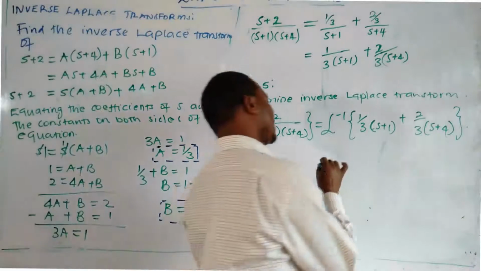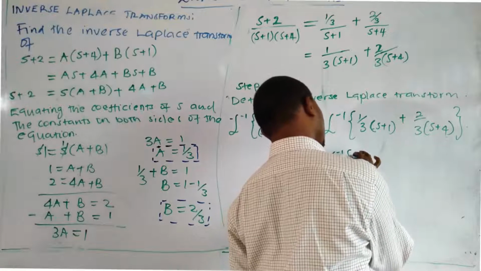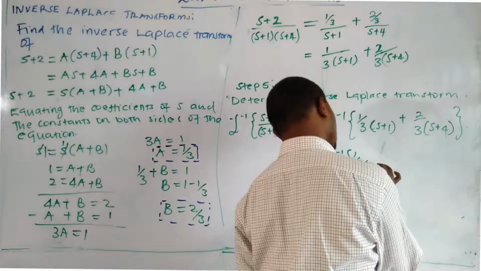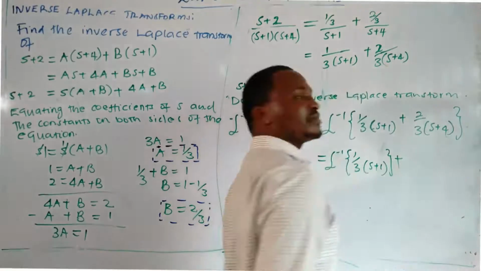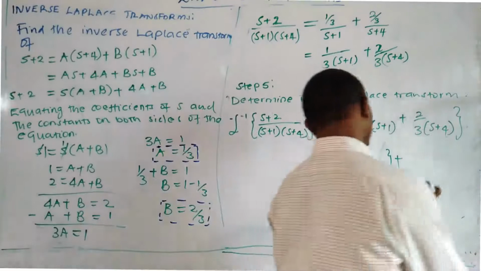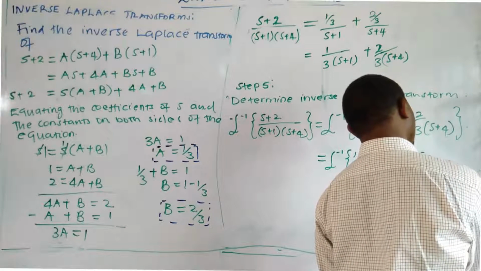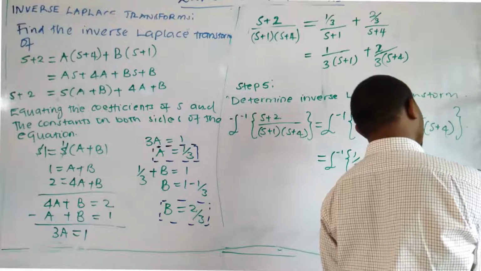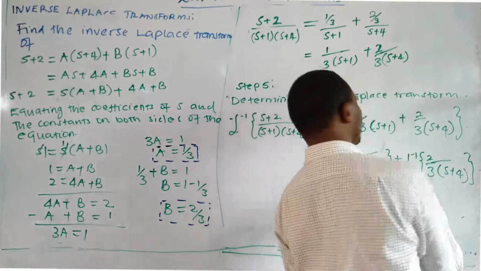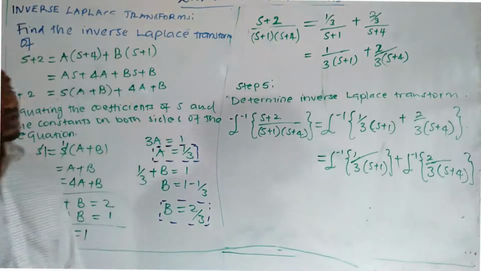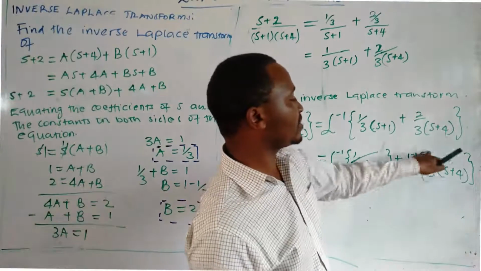So now we could say this is the inverse Laplace transform of 1 over 3 times s plus 1. So have each one of them separately, the inverse Laplace transform of 2 over 3 times s plus 4. We make this one cover the whole thing. Here the constants are that and that.